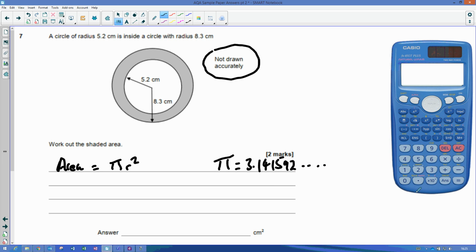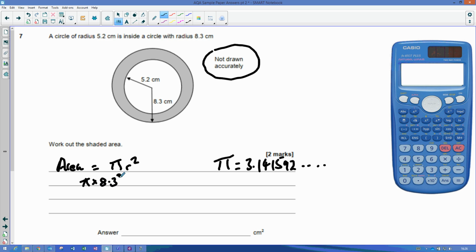But we don't need to worry about remembering that, because our calculator has a pi button. It's written in yellow above the button, so it's a function we access using the shift key and then pressing this button.